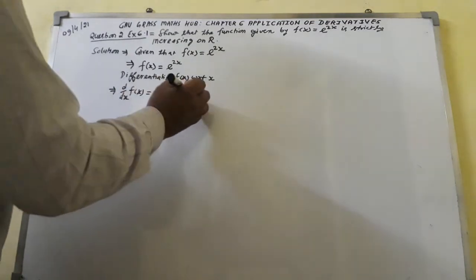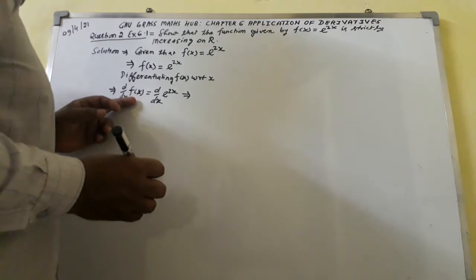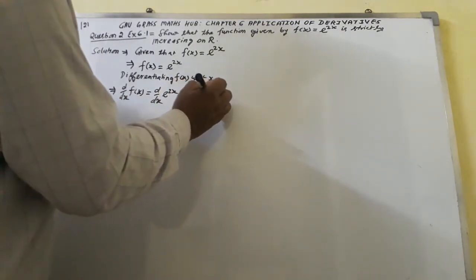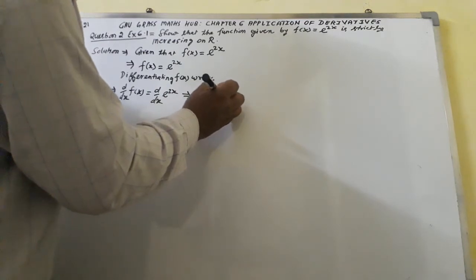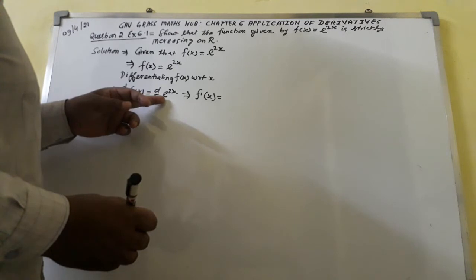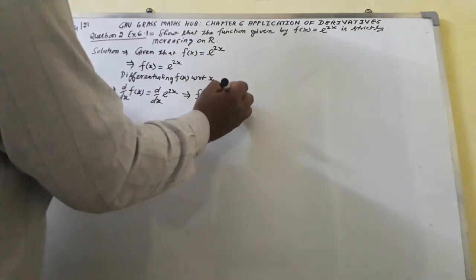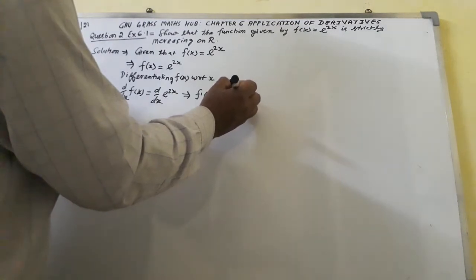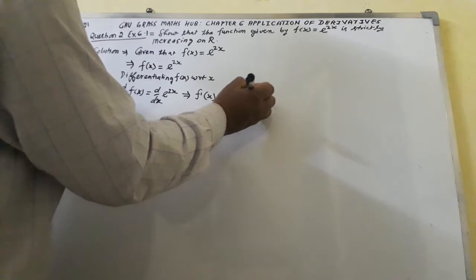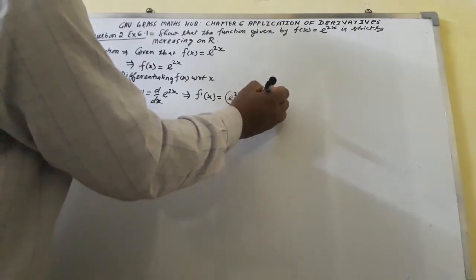Here again I shall write, implied that d over dx of f of x comes out to be f dash x equal to d over dx of e raised to the power 2x. We shall get e raised to the power 2x dot d over dx of 2x.